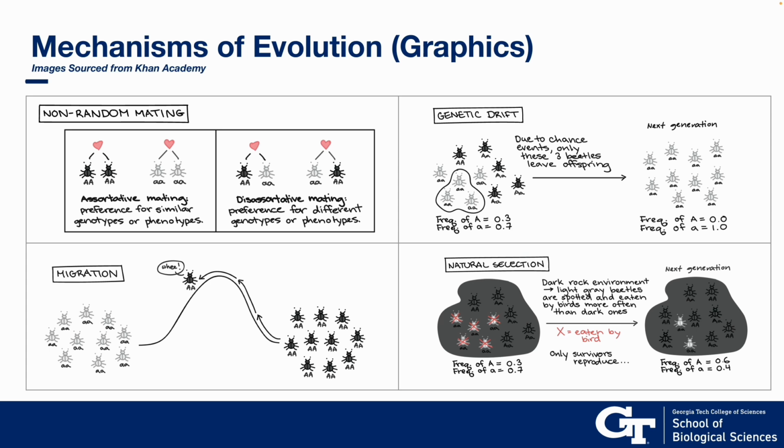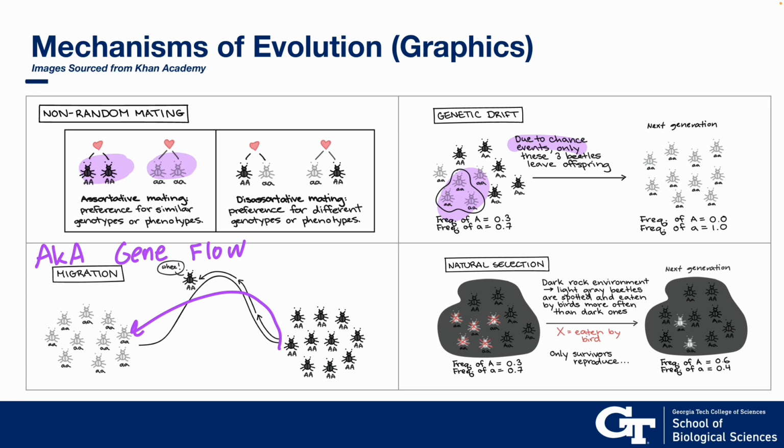So non-random mating, right? We prefer a certain phenotype, and so obviously we're going to be selected for that. Genetic drift is where, again, due to random chance, these individuals end up passing on their traits. Then we have migration, aka gene flow, where one individual just carries those traits into a new population.